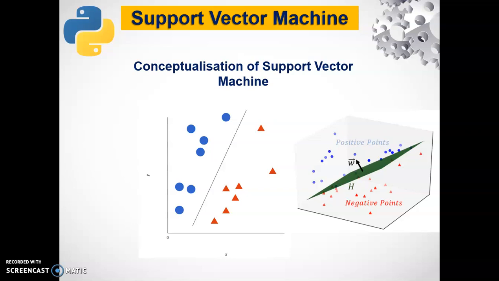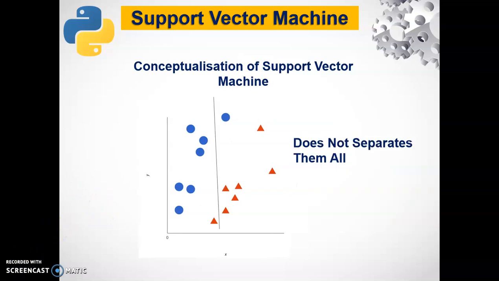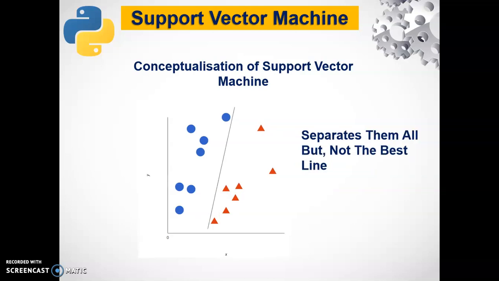Support vector machine is all about finding that best fit line or best fit hyperplane. Now, in this example, if we draw a line like this, which separates these two groups, but this line doesn't separate all the points. If we draw a line like this, it separates them all, but it is not the best fit line.